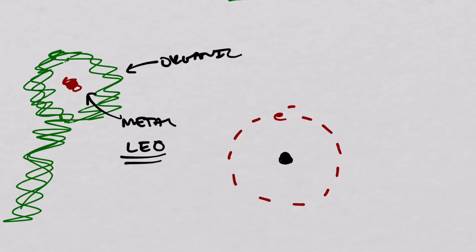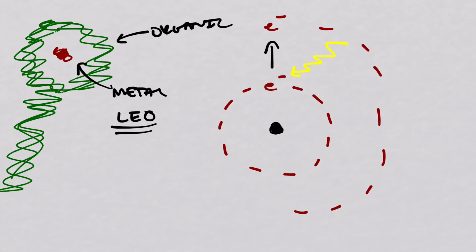area, its orbital. But if there's an input of energy, say a photon strikes this electron, it can actually bump up an energy level into a new orbital. So this is now a high energy electron, or a HEE, H-E-E, high energy electron.